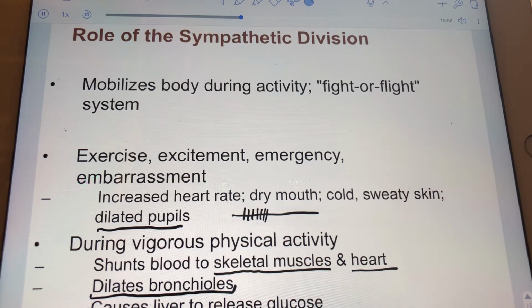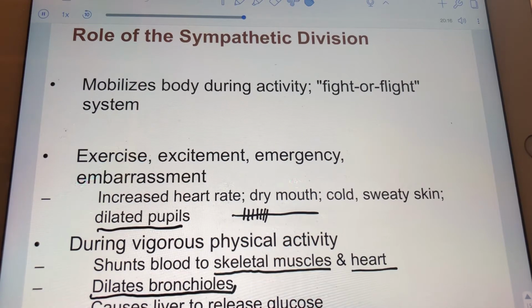It's not constrictable or dilatable, okay? Whereas our bronchioles, at least distally, are, okay? And the sympathetic nervous system also says, hey, liver, thank you so much for storing glucose in the form of glycogen, but can you convert that back into glucose and make it available in the blood?